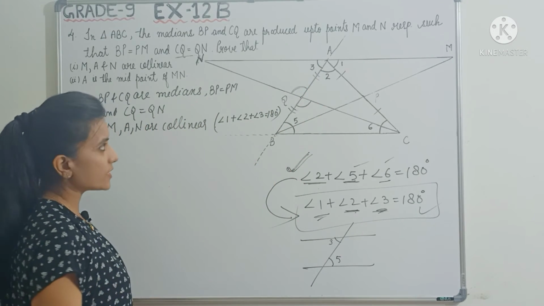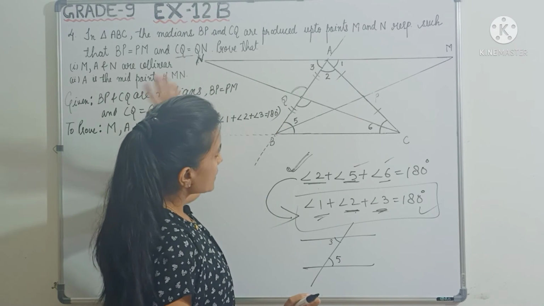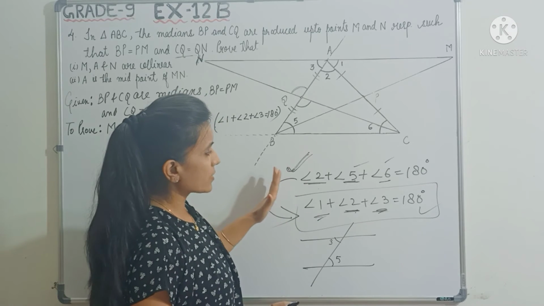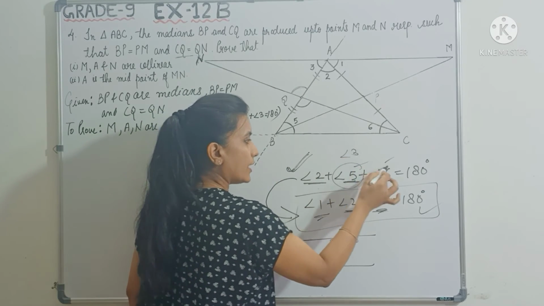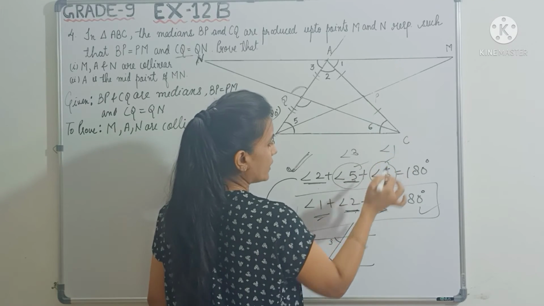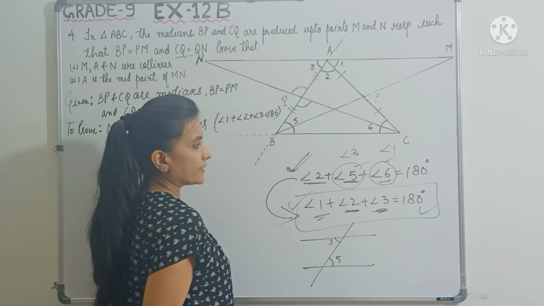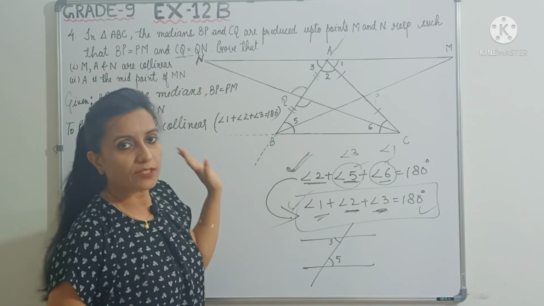So by CPCTC, I can say that angle 3 is equal to angle 5. Similarly, I can show angle 1 is equal to angle 6, and we can replace angle 5 with angle 3 and angle 6 with angle 1, and we will get this result, that angle 1 plus 2 plus 3 is 180 degrees. Therefore, M, A, N are collinear points.